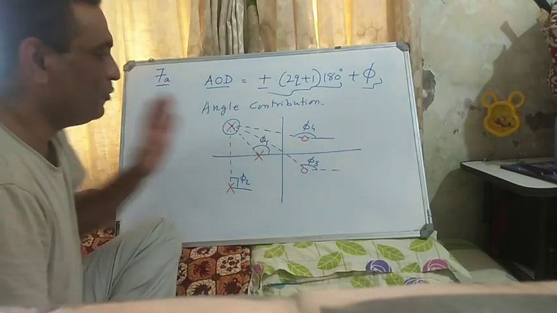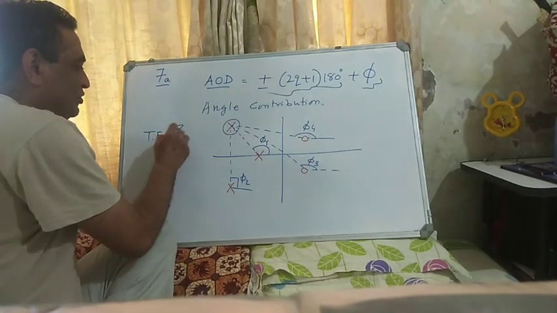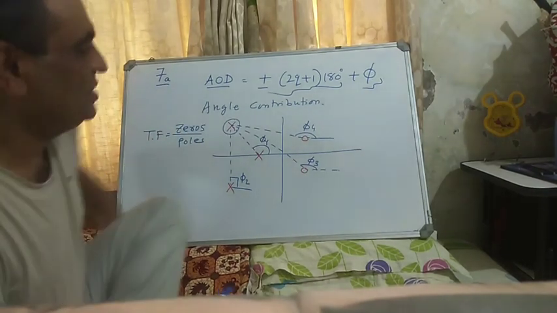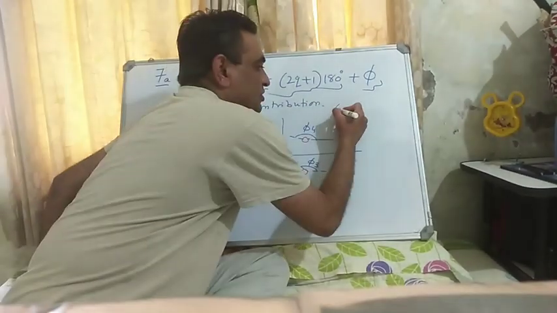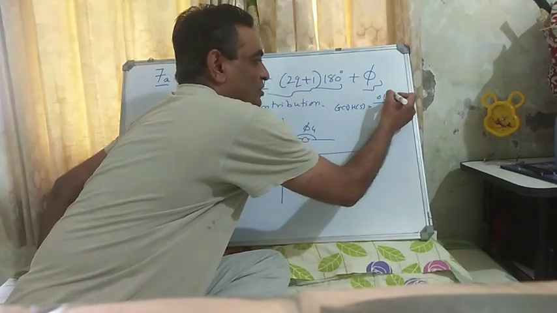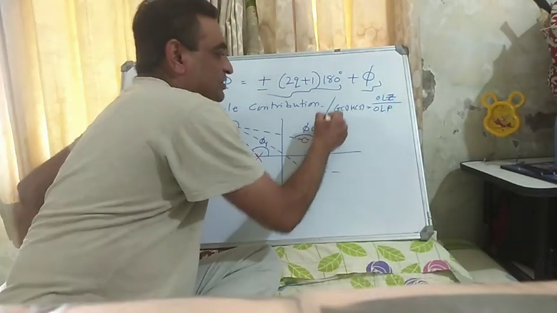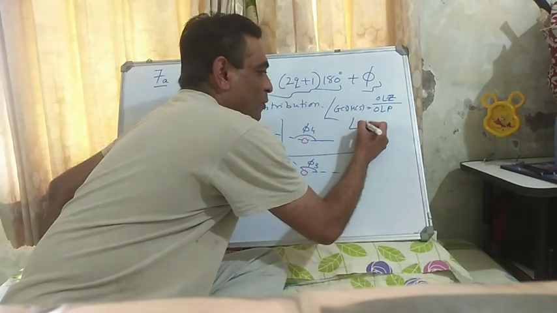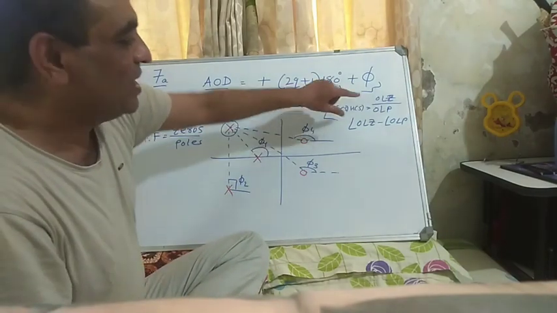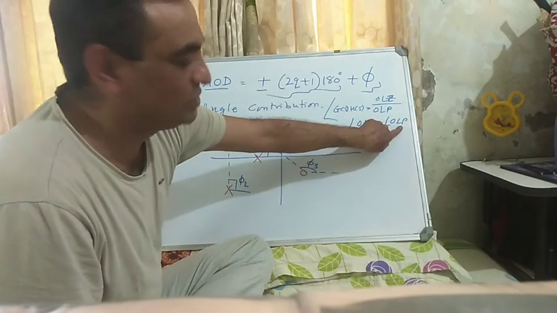Now, how to calculate? We know that the transfer function is described by zeros and poles. So G of S, H of S is given by open loop zeros over open loop poles. So angle of G of S, H of S is nothing but angle of open loop zeros minus angle of open loop poles. You can see that angle contribution from zeros is positive and angle contribution from poles is negative.